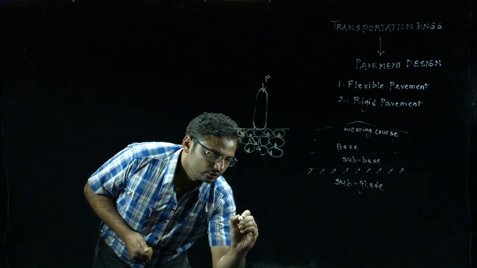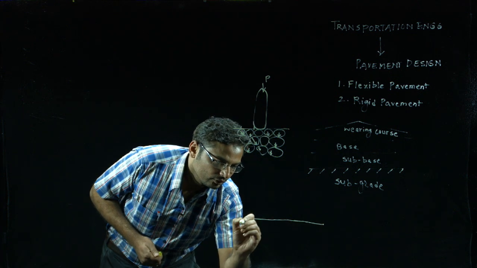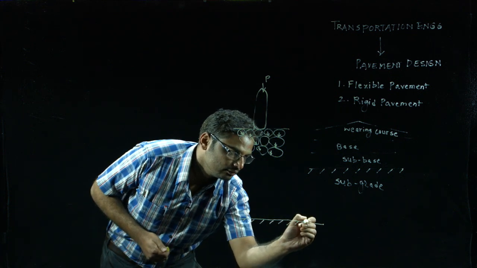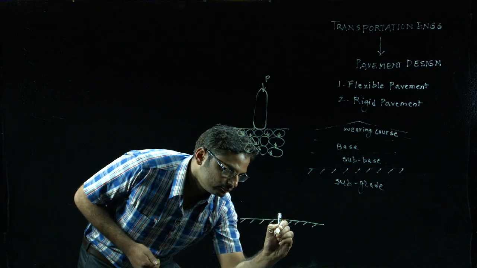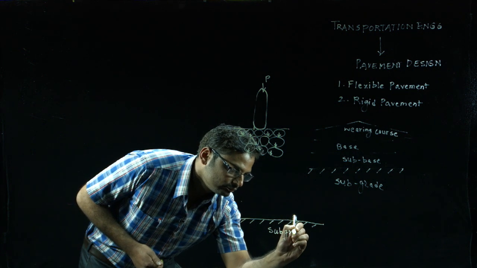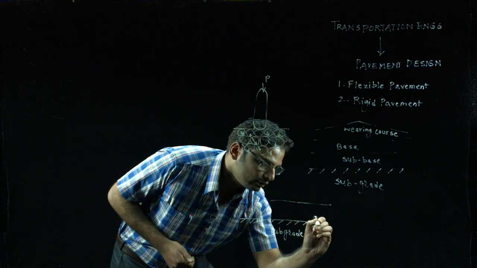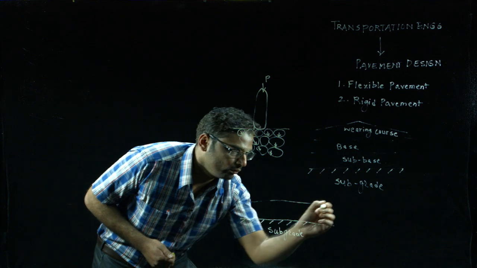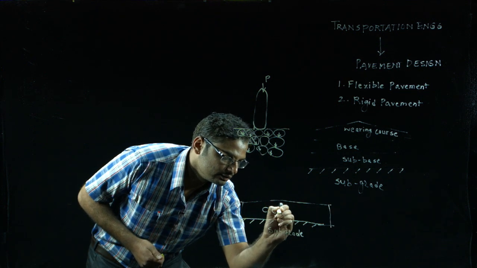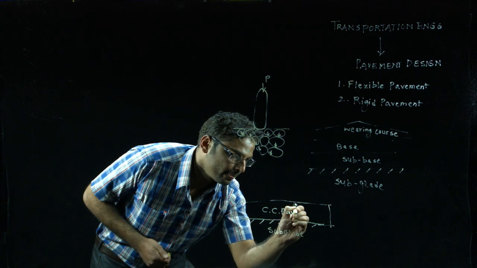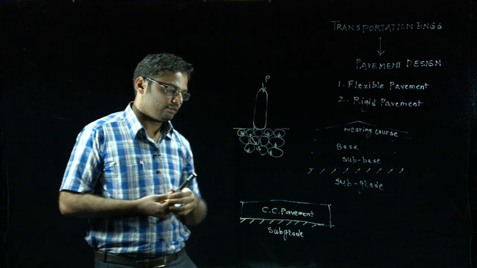If I draw the diagram, this is the subgrade and there will be directly the pavement constructed. Let us say this is CC pavement, or cement concrete pavement.